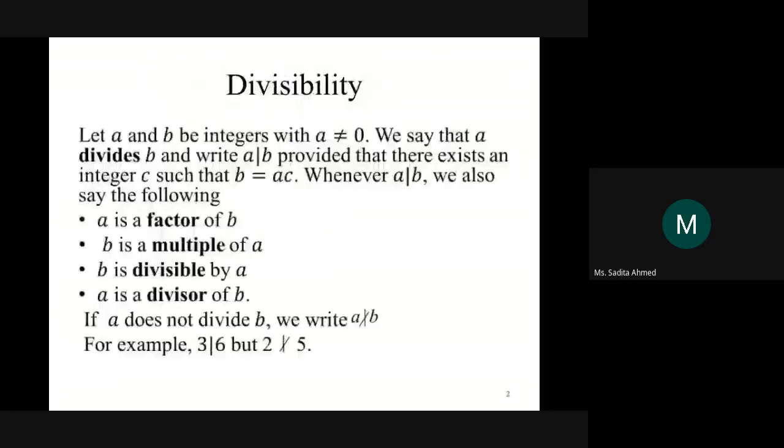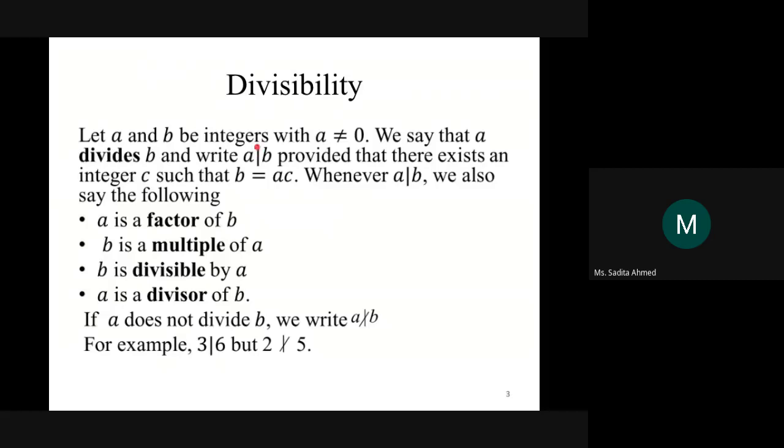So first, let's talk about divisibility. You know about the idea of divisibility in the sense of a number dividing another number such that the result is an integer. We've talked about this in one of the previous sessions already, when we were discussing induction, I think.